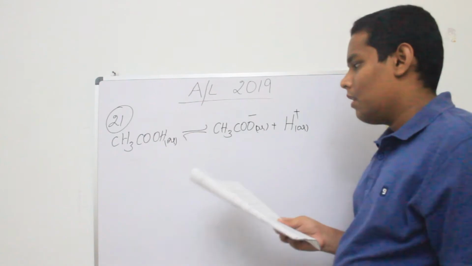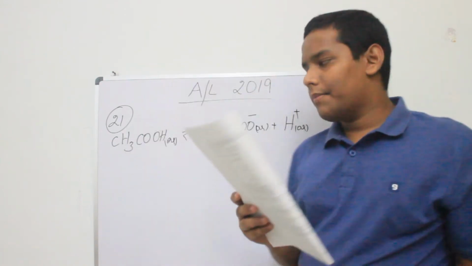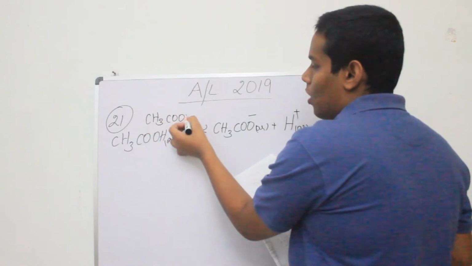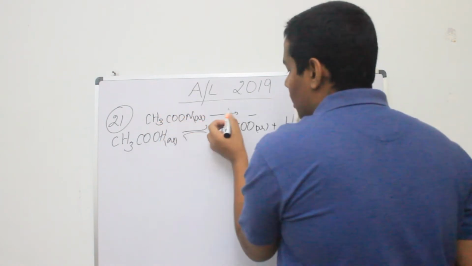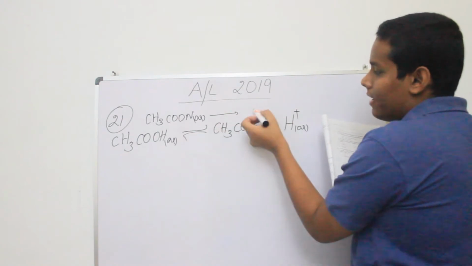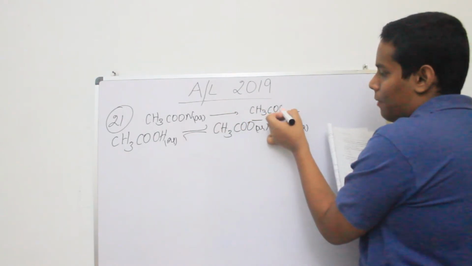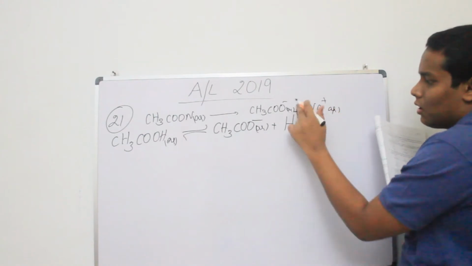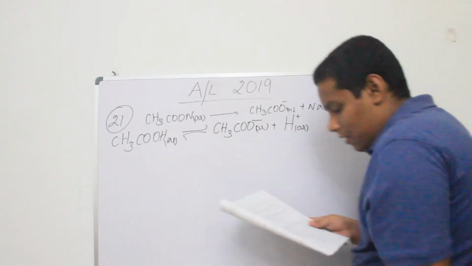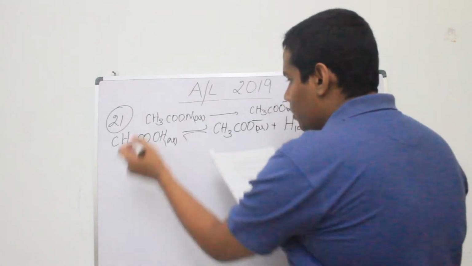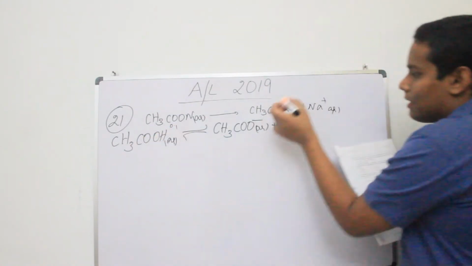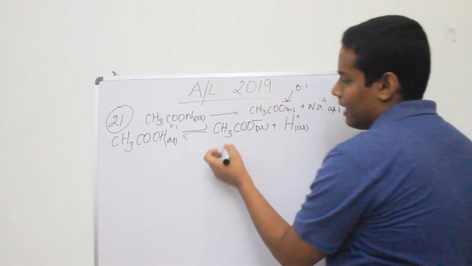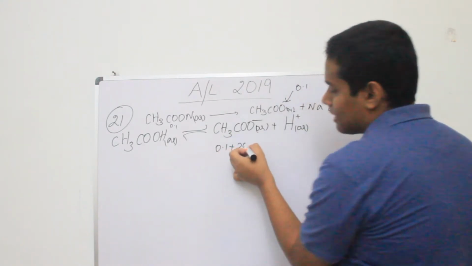The sodium salt CH3COONa aqueous completely dissociates to give CH3COO minus aqueous plus Na plus aqueous. So if the sodium salt is 0.1 mole per cubic decimeter, this acetate ion is also 0.1. So initial acetate is 0.1 plus 6.